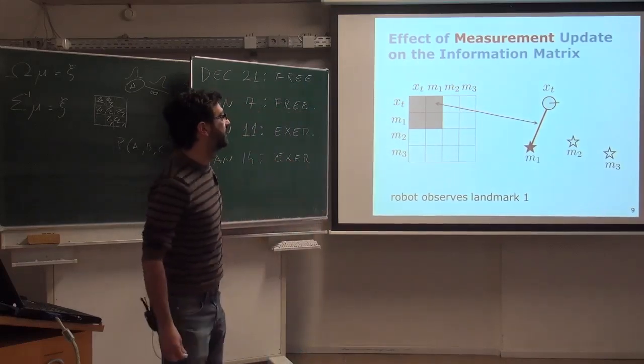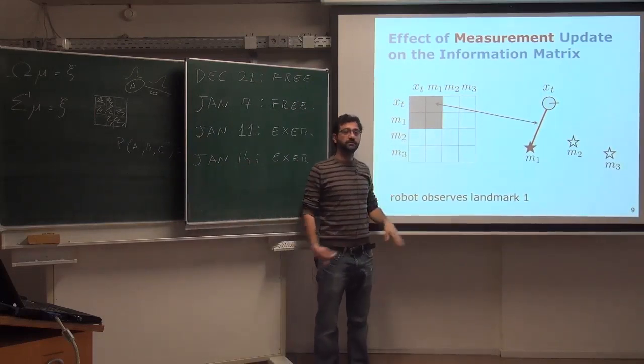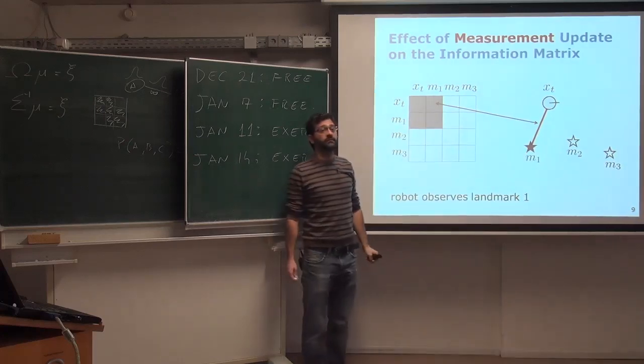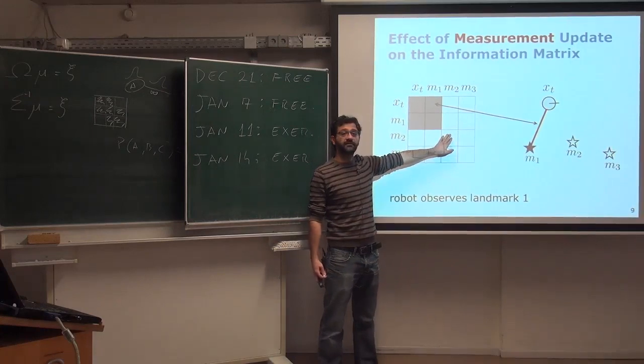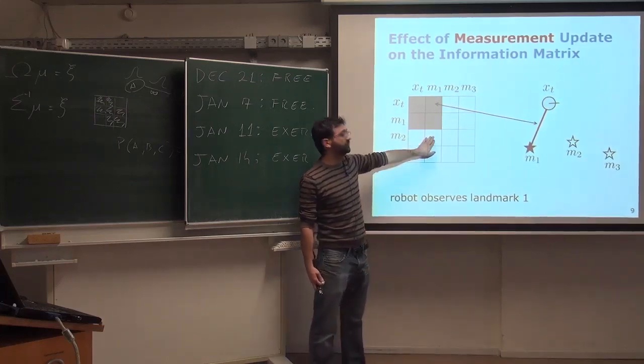Now, imagine we now observe M2. Any idea which part of the matrix we are going to touch? So we are just going to observe now M2. Are we going to update this element here? Yes, no? How many says yes? 1, 2, 3, 4, 5. Okay, good. Now, are we going to update this element here?